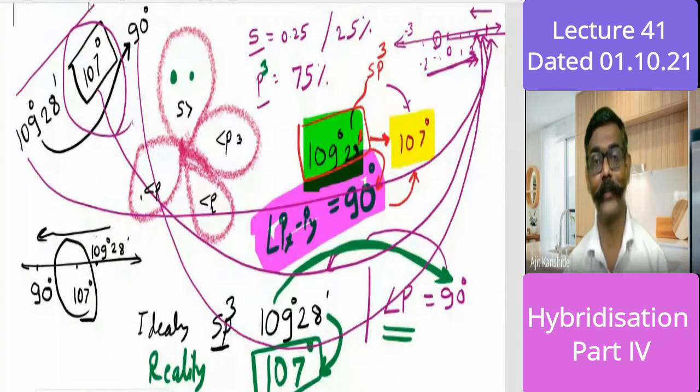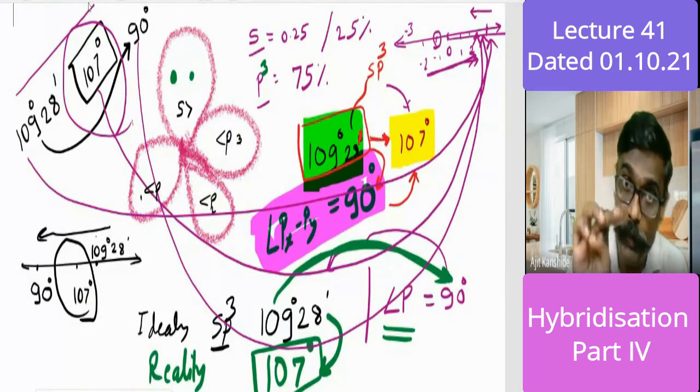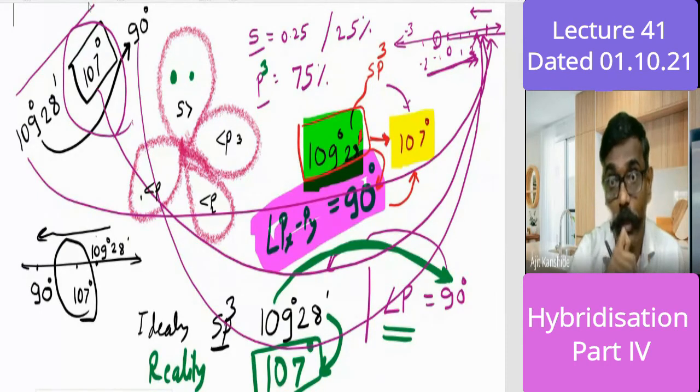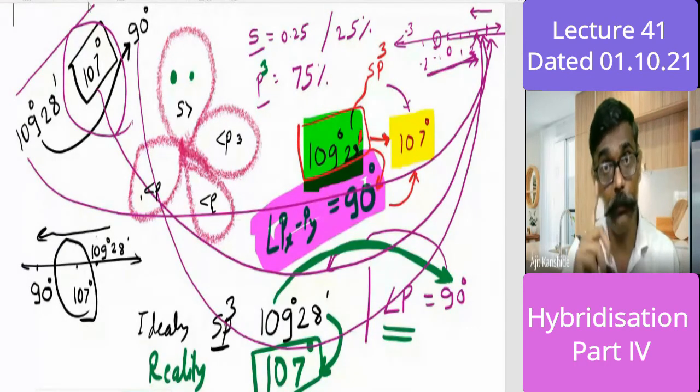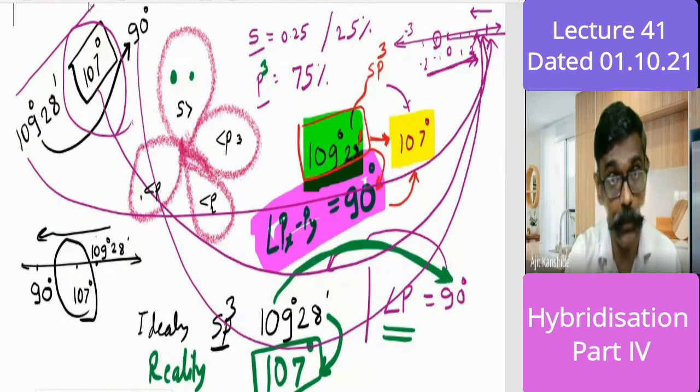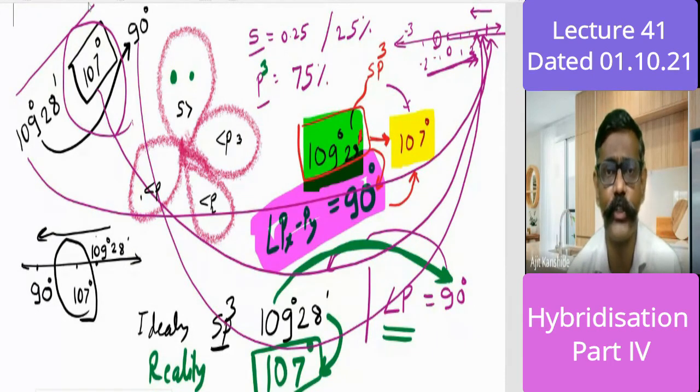So the characters present in those orbitals are different, and because of that the bond angle varies. It is an additional logic we are getting for the explanation of the bond angle.